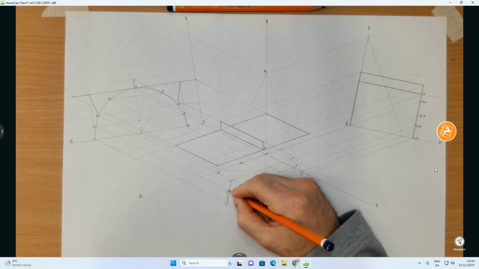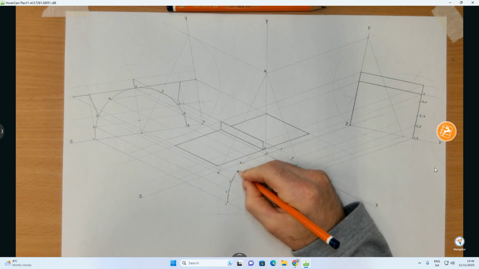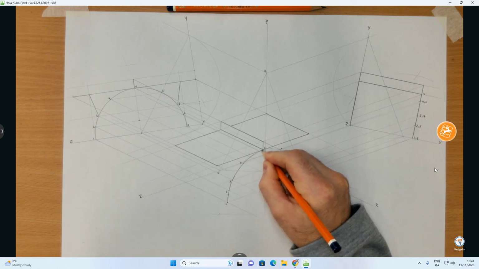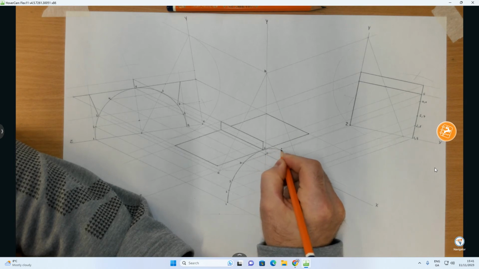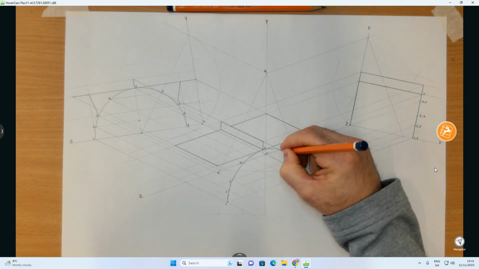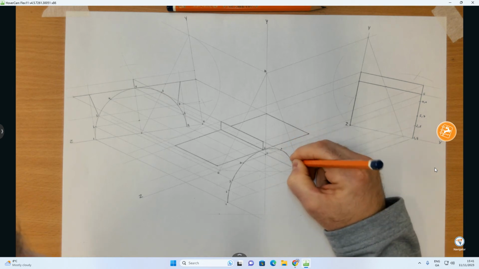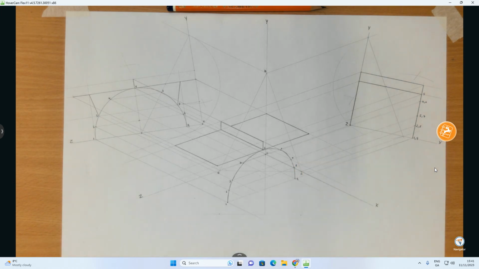Try and do it in 1. See there, try not to make it hatchy. 1 continuous path. There's the 6, 7, 8, and down to the 9.